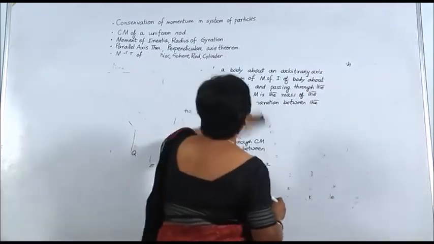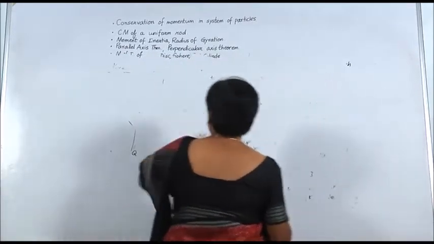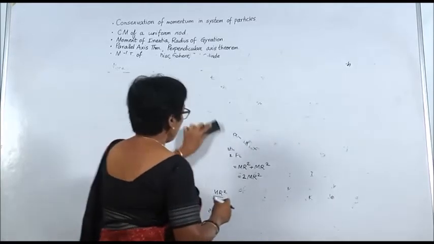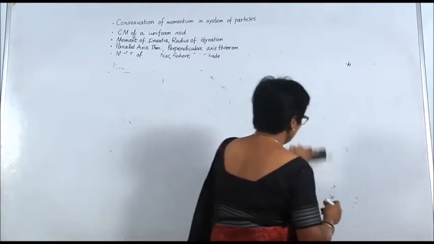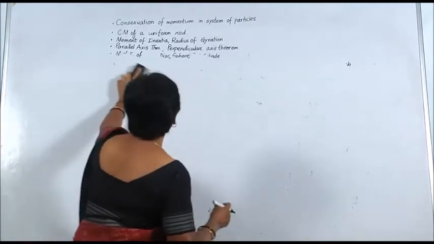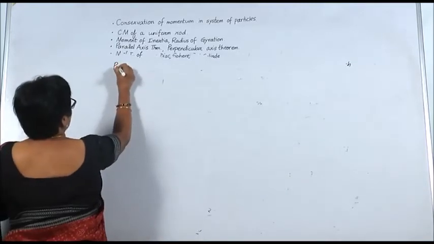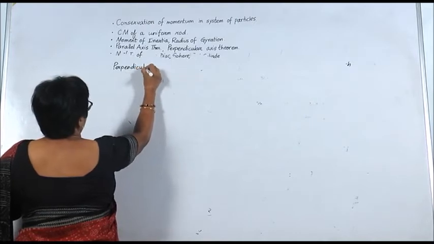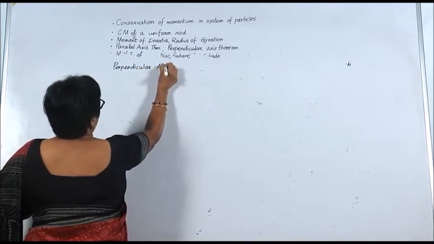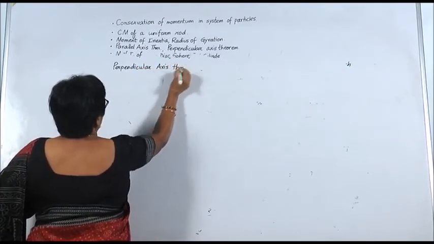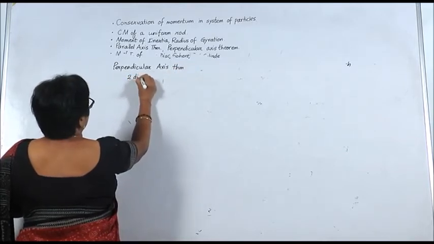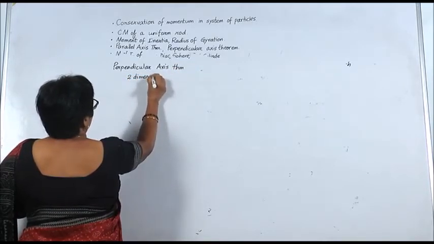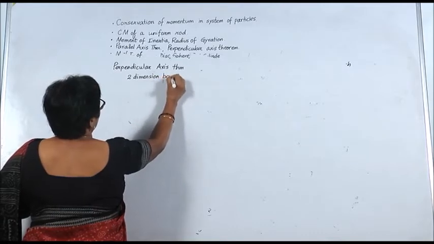Then come to the perpendicular axis theorem. Now, parallel axis theorem is applicable for the 3-dimensional case. For you, we will take the perpendicular axis theorem for a lamina, which is a 2-dimensional body. We take a 2-dimensional rigid body.